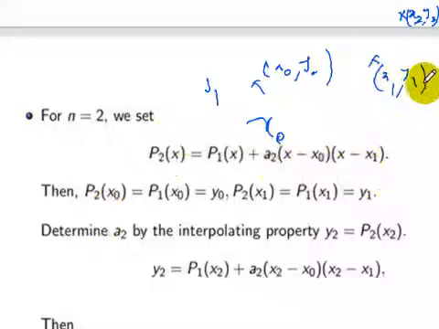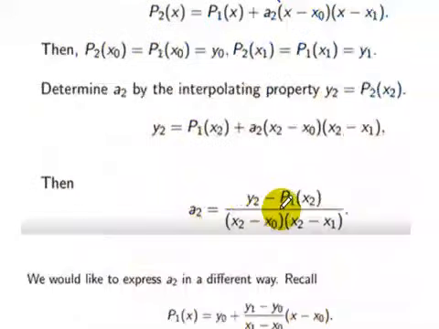So next, we want this polynomial to go through this point as well. That's why when you throw this number, we want the polynomial value at that point to be equal to y2. Therefore we can find this constant a2 like this, right? This is clear, this is much clearer.